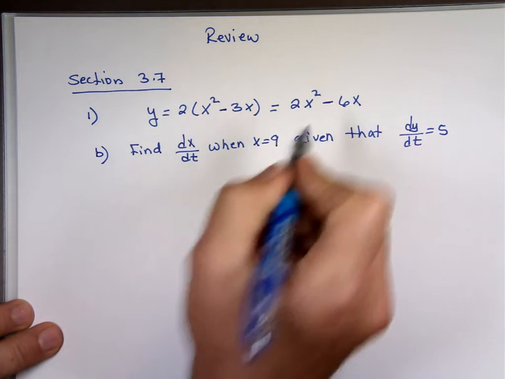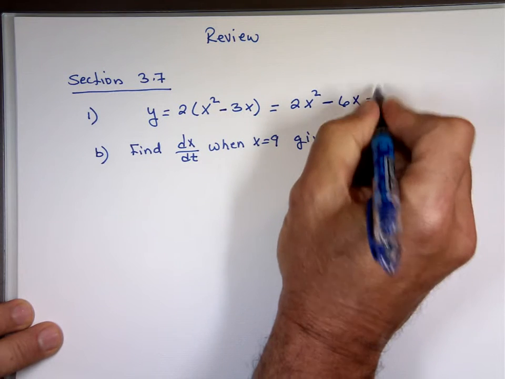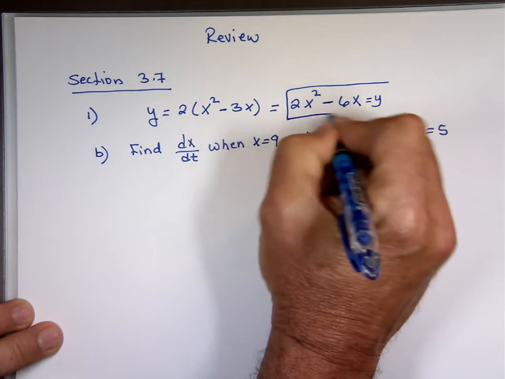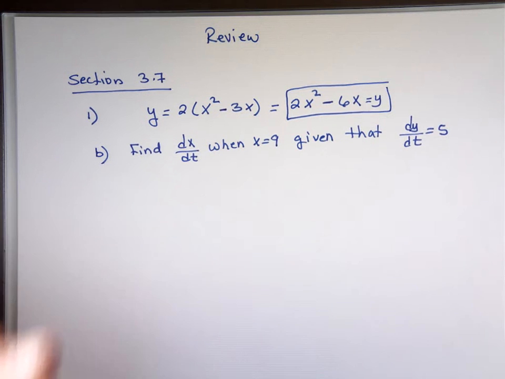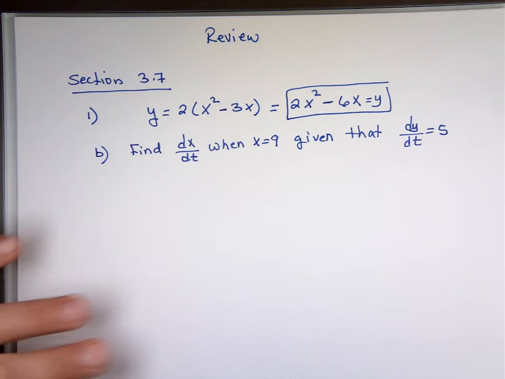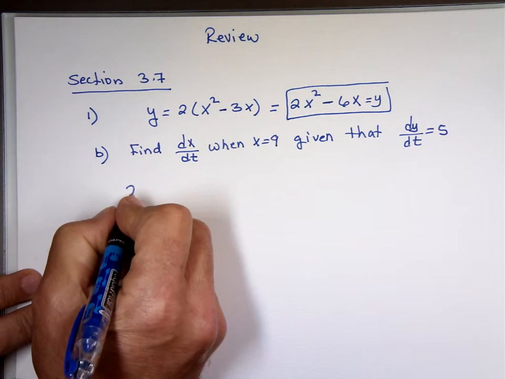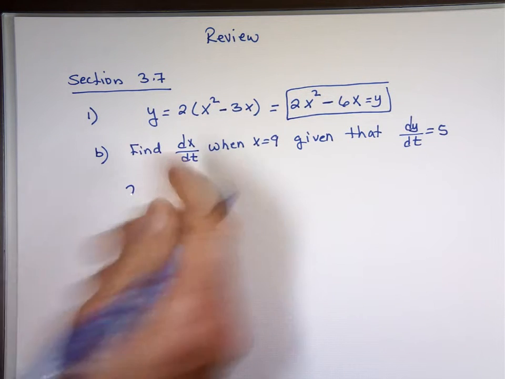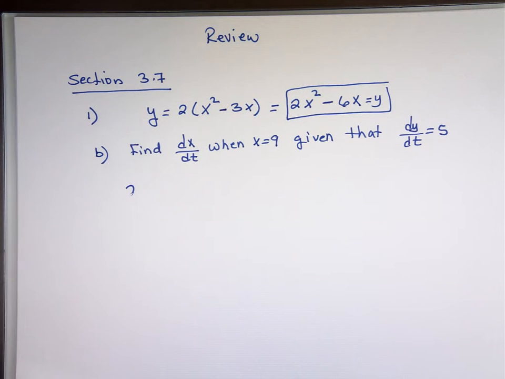So I'm going to take this function, this is y here, and take the derivative with respect to t, not with respect to x. So this will be 2 times 2, which is what? Here's my first mistake.